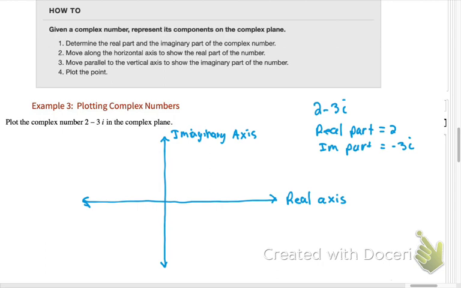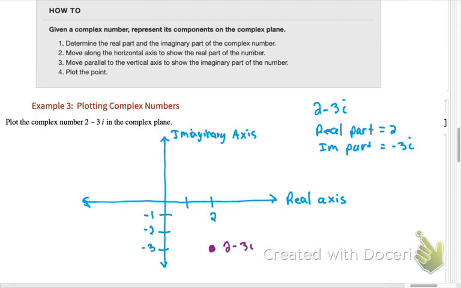So what we're going to do is move along the real axis 2 units to the right, and move down the imaginary axis 3 units. And we can now just plot that complex number in the complex plane by going 2 units to the right and 3 units down.